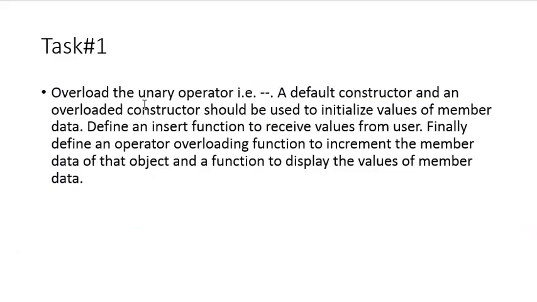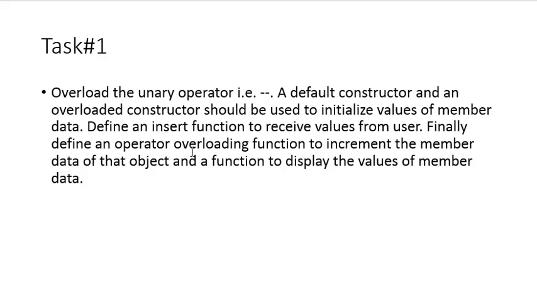For unary operator overloading, you have to do this task: overload the unary operator. You will use the same example, but you have to use the decrement sign. A default constructor and an overloaded constructor should be used to initialize values of member data, and define an insert function to receive values from the user.